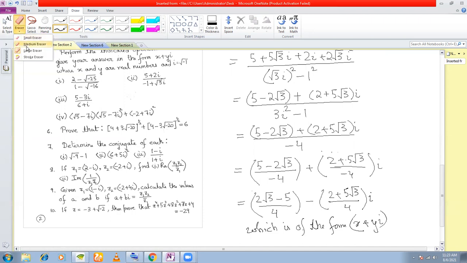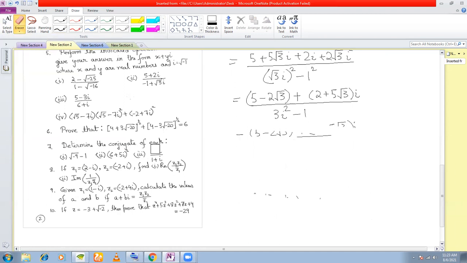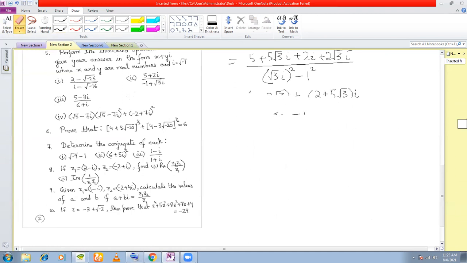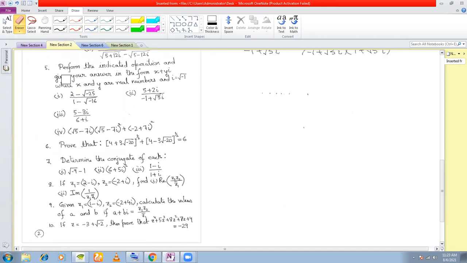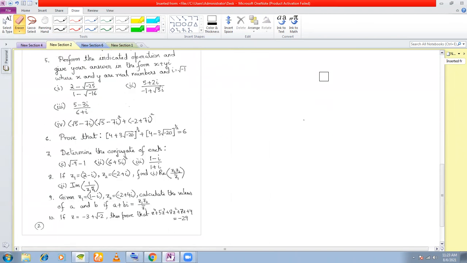Next one, number 3. This is also an easy one. 5 minus 3i divided by 6 plus i. Need to multiply the numerator and denominator by 6 minus i.